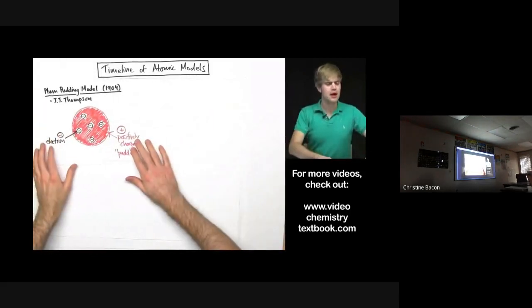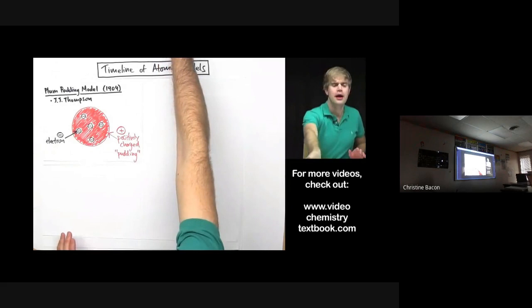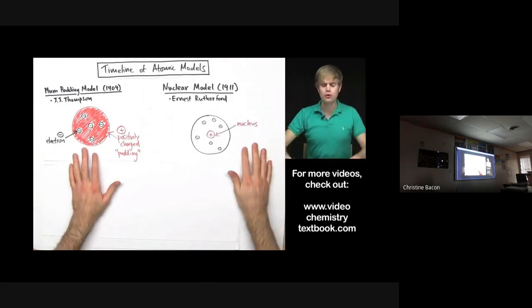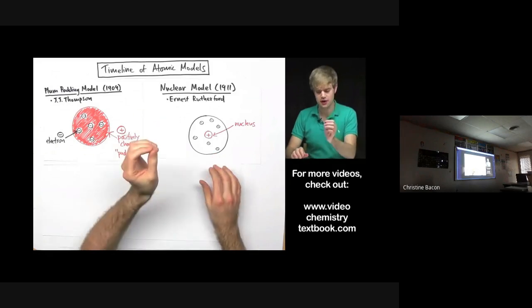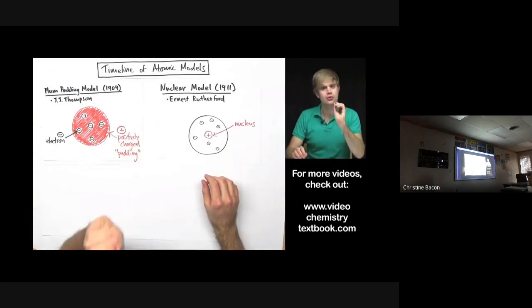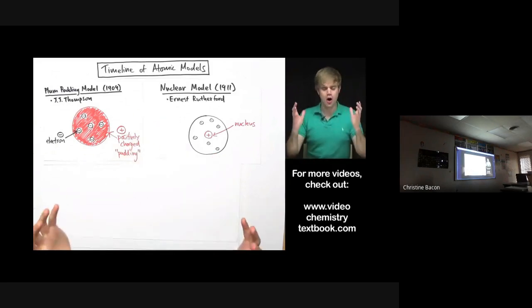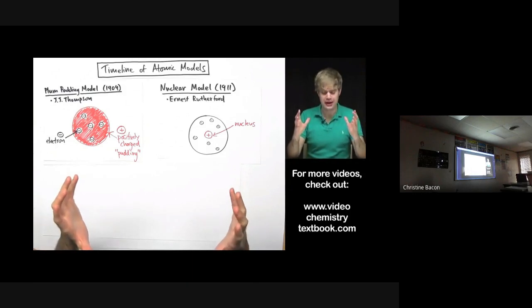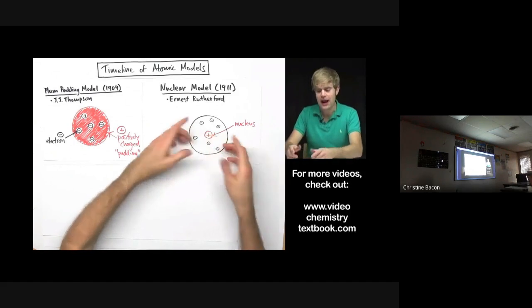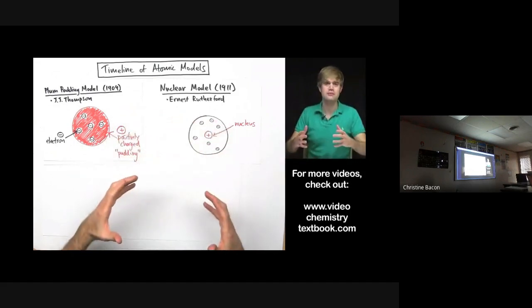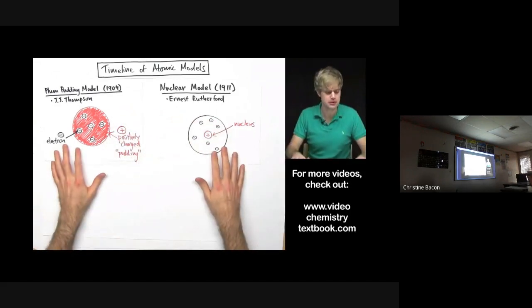Now, not too much longer, in the gold foil experiment, Ernest Rutherford discovered that atoms had a nucleus. That all the positive charge in an atom was concentrated right in its center, and that besides that and the electrons, atoms were pretty much empty space.